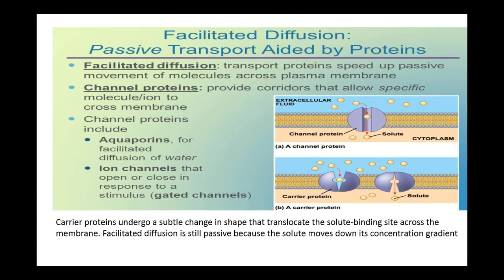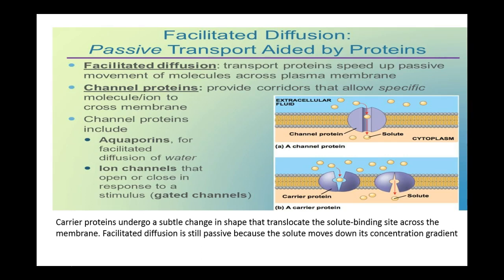So with regard to the selectively permeable membrane, now we can put a channel in there, a transport protein, and that can cause the solutes on the outside and inside of the cell to equalize through that channel.